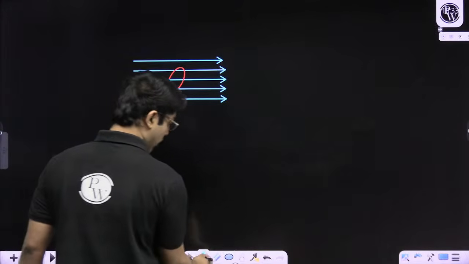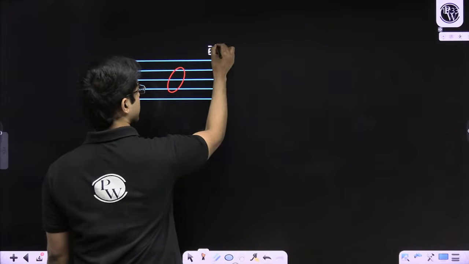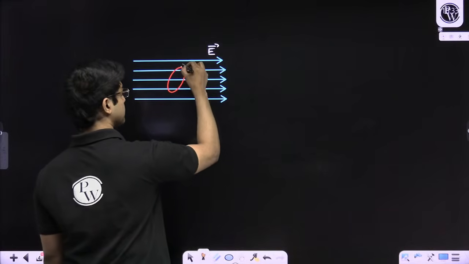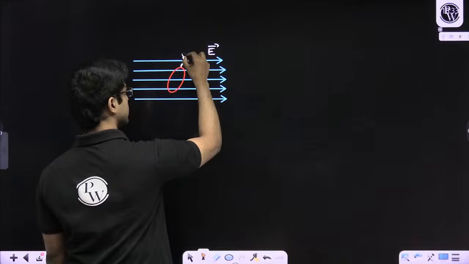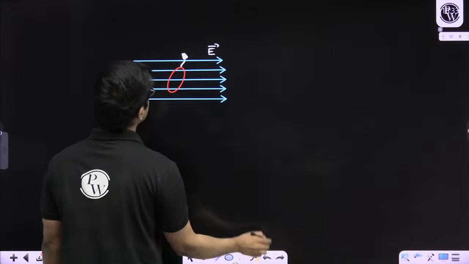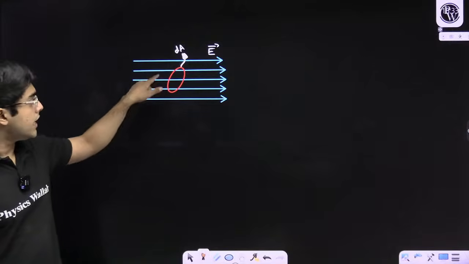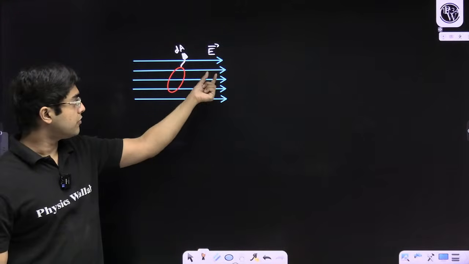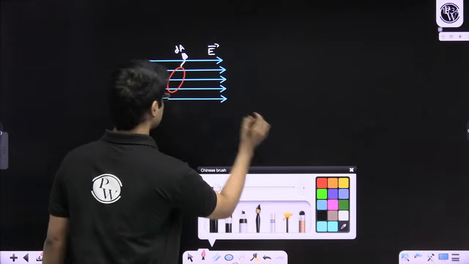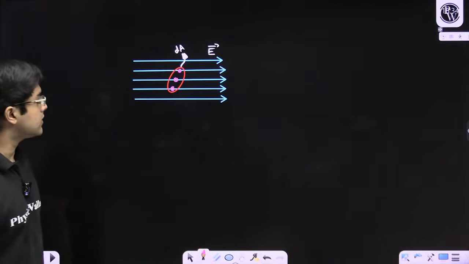If I ask you to count the number of field lines cutting this area, let's say this is a very small area, dA. On this area dA, some field lines are piercing through it, and from the diagram we can see that the number of field lines crossing it is 3.